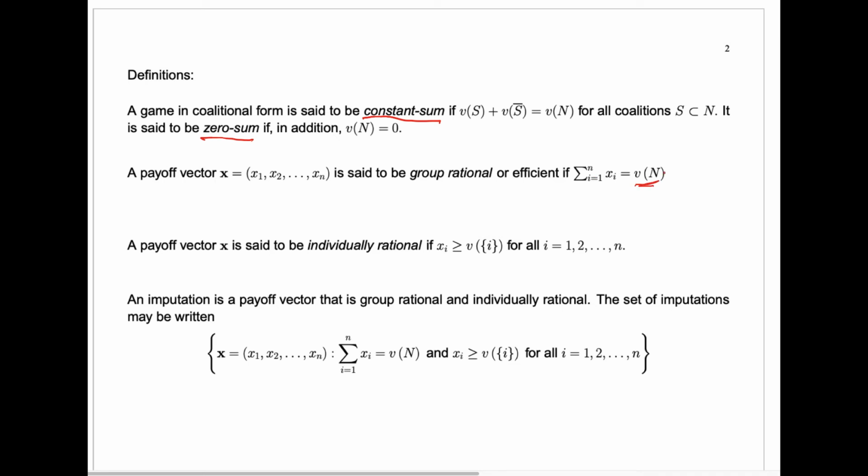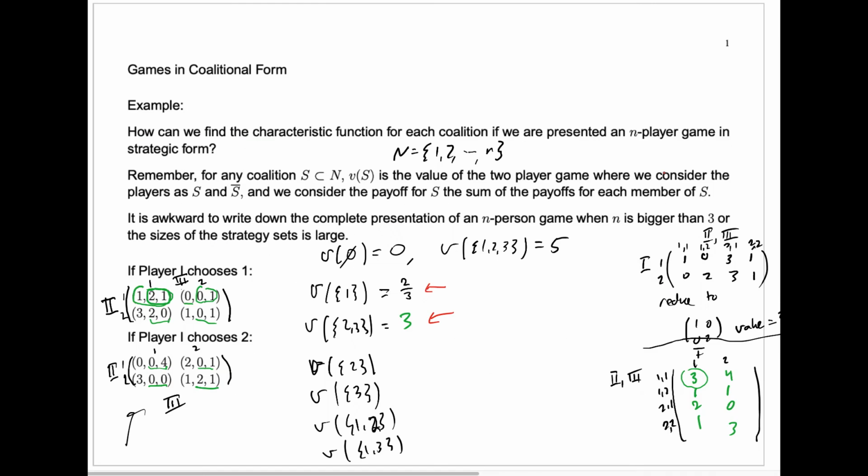For example, in this game, we saw the value of the grand coalition was 5. Any suggested payoff to the whole group of players 1, 2, and 3, which totals 5, is what we call group rational. As a group, they can't do better than that.